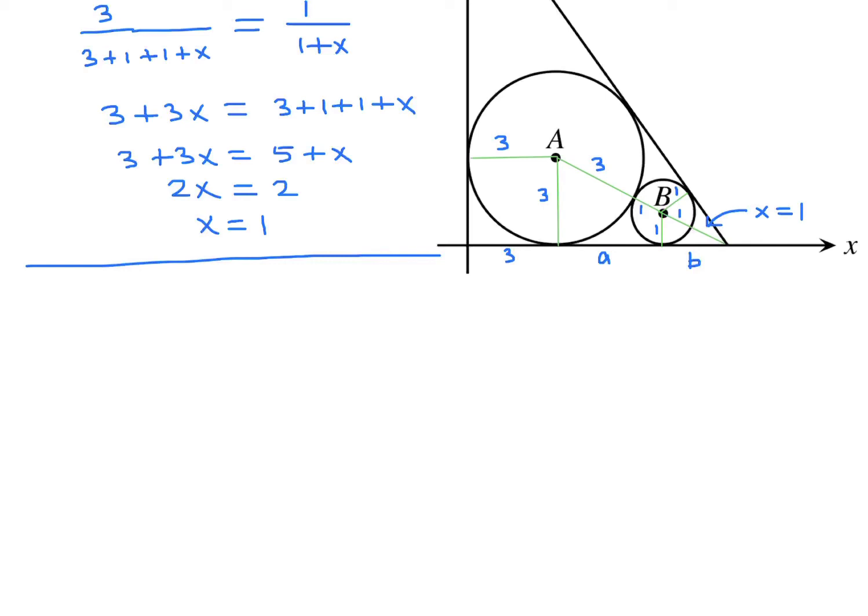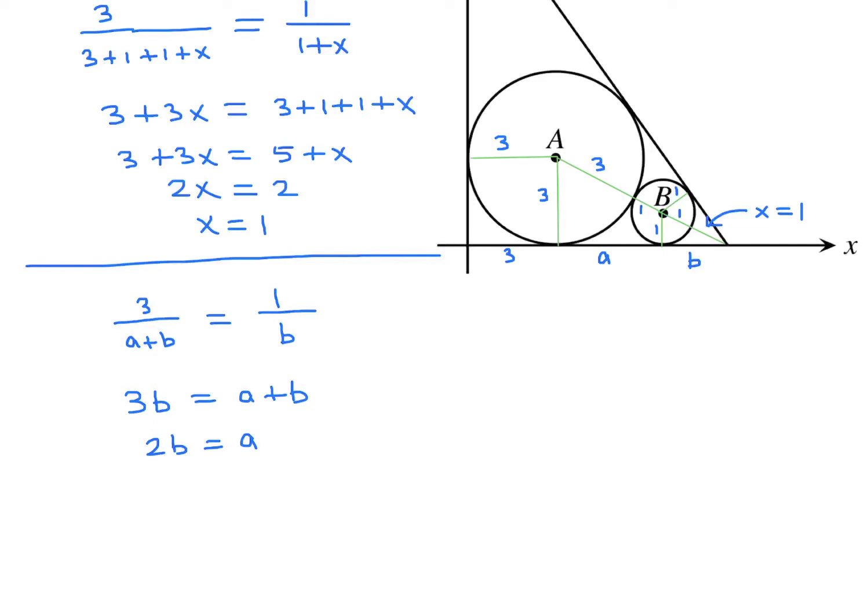So for the big one, it's 3 over a plus b, and for the small one, it's 1 over b. Okay? So cross multiply, you get 3b is equal to a plus b, and therefore 2b is equal to a.